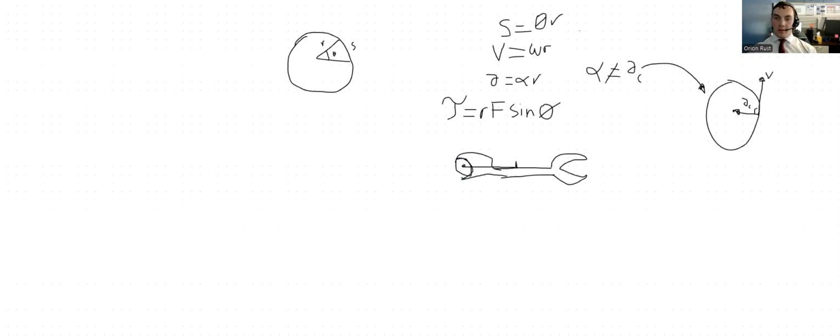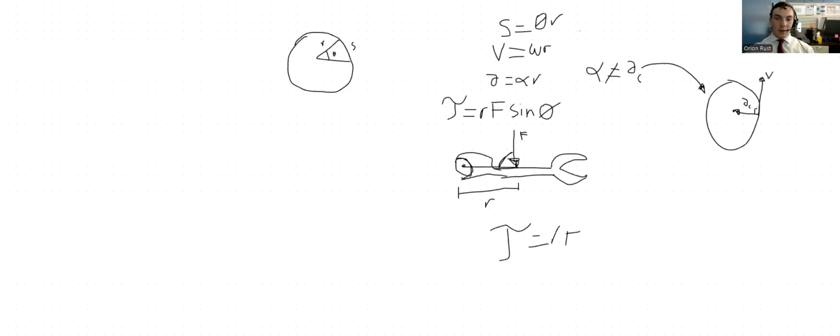Our r is going to be that span from the center of rotation to where we apply the force. And our force vector is where we apply the force and in what direction. In this instance, it's perpendicular to the radius, and theta is the angle between the force and the radius. Now, sine of 90 is 1. So in this instance, our torque would be r F.